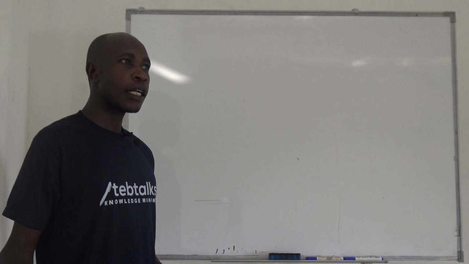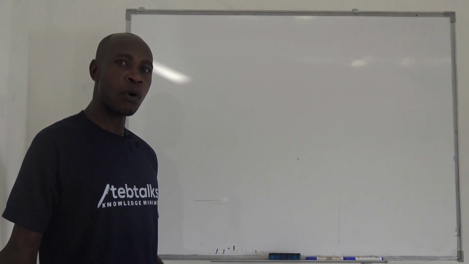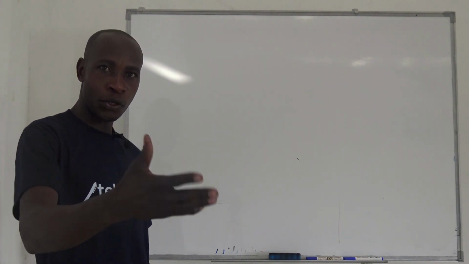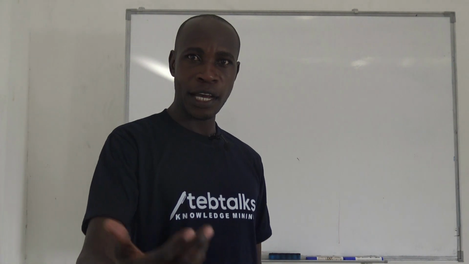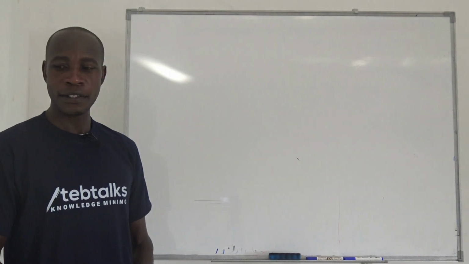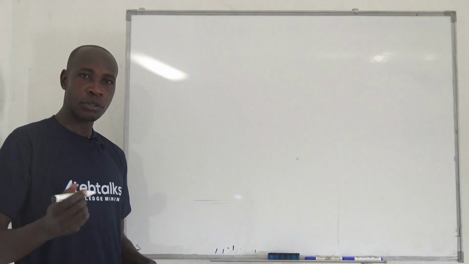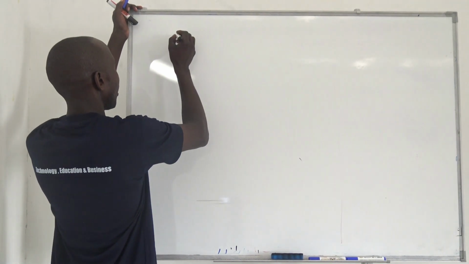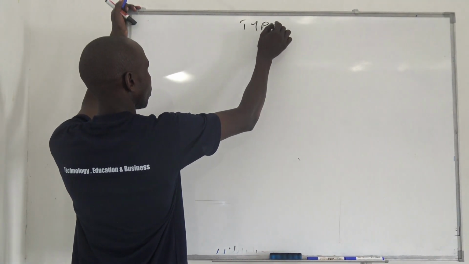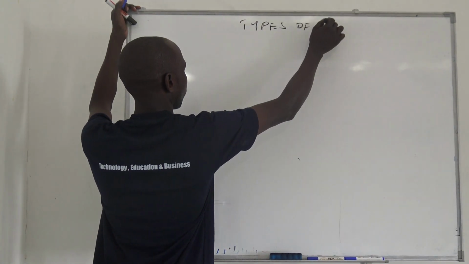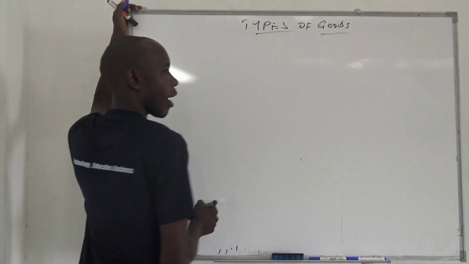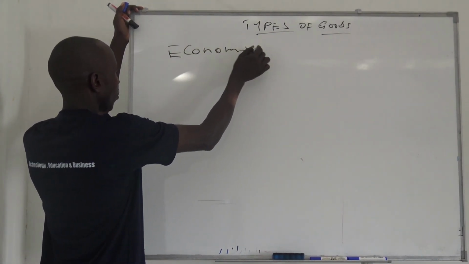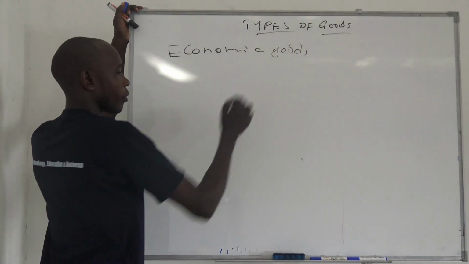We looked at which goods, for example? Talk about it as we have just sat here. Yes, class. We talked about the types of goods, and we talked about economic goods. Good.